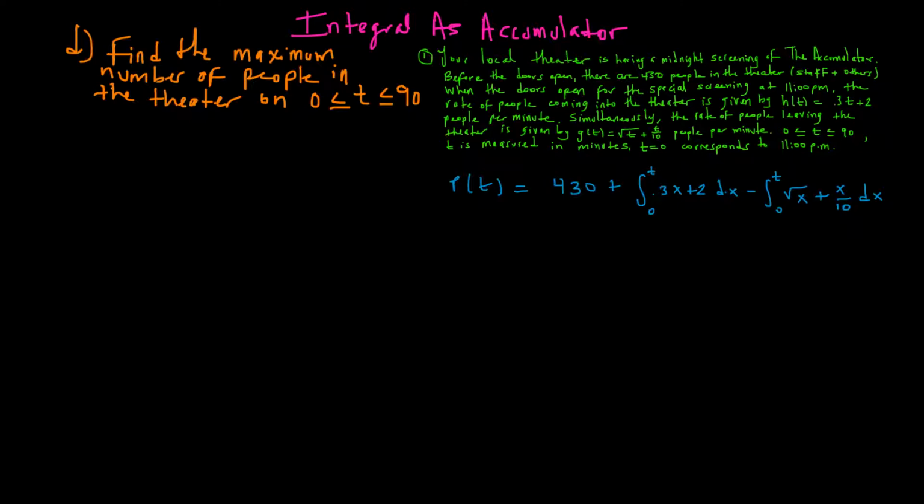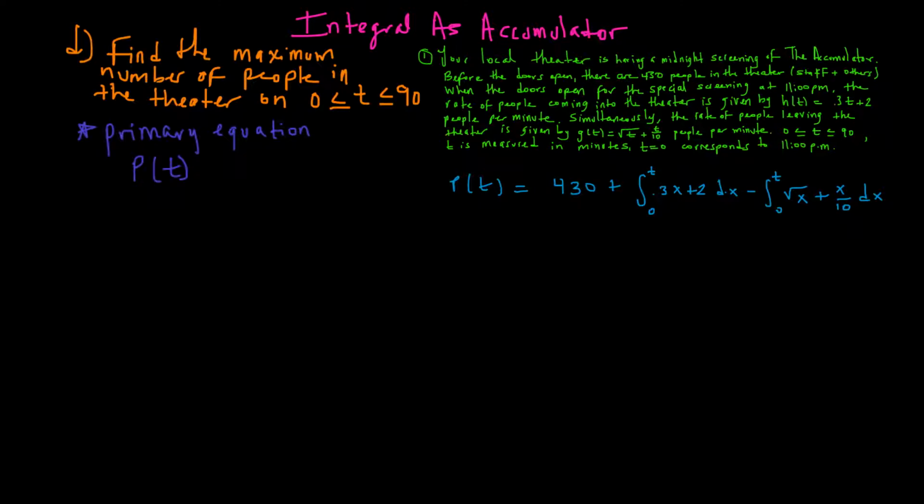Anytime you're optimizing something, the first thing you want to know is what's the primary equation? And primary equation is whatever you want to maximize or minimize. And in this case, it's the number of people. And don't we have an equation for that? Yes, we called it P of t. That's the primary equation.